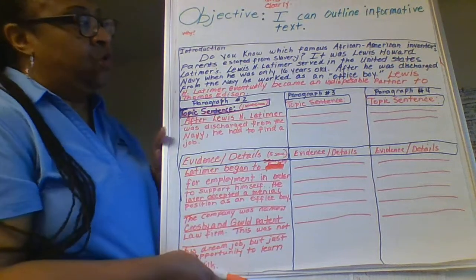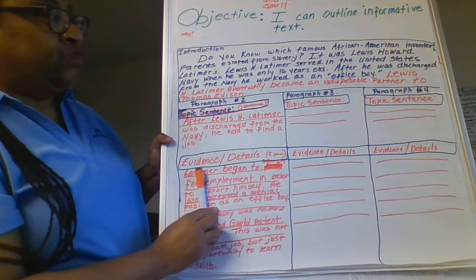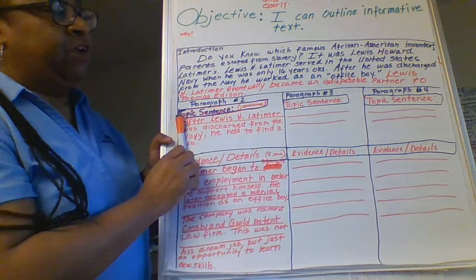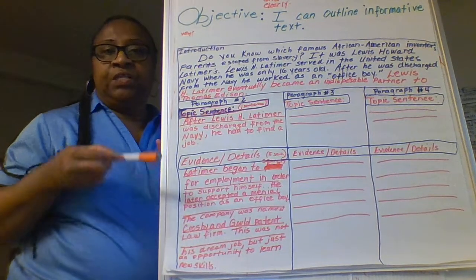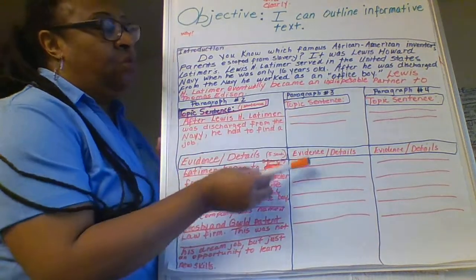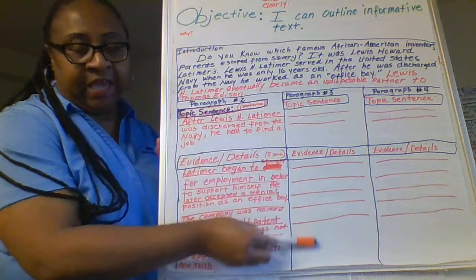Okay? So now let's go through the third paragraph very quickly. And this time I want you to engage and tell me some examples that we could use for these categories.